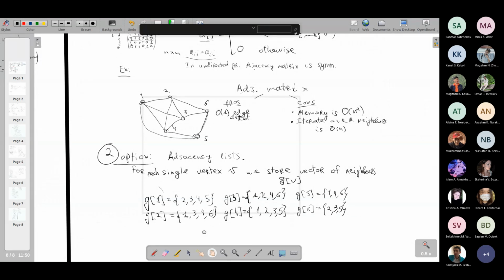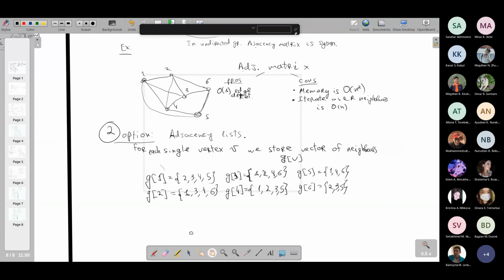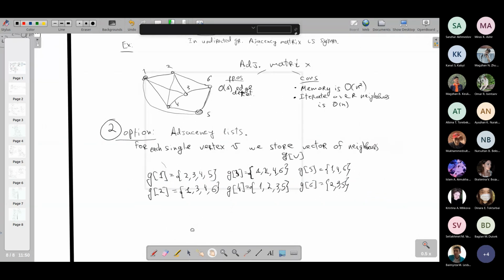But memory-wise, the memory taken for storing the adjacency list is going to be big O of m, where m is the number of edges.